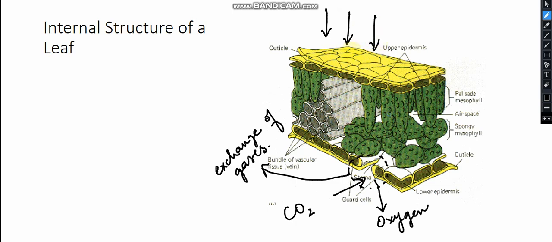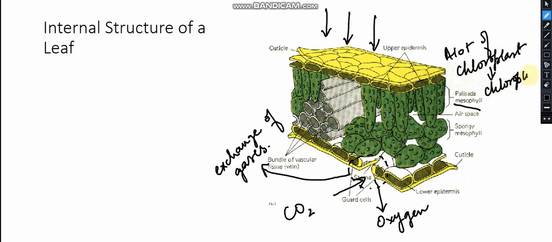So carbon dioxide enters the leaf from the stoma, and we all know that sunlight enters from this medium. It passes from the cuticle into the upper epidermis and then into the layer of palisade mesophyll. The palisade mesophyll layer has a lot of chloroplasts, and we know that chloroplast contains chlorophyll.